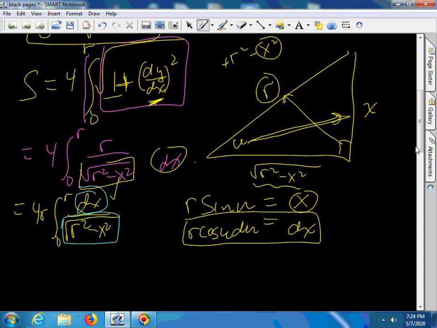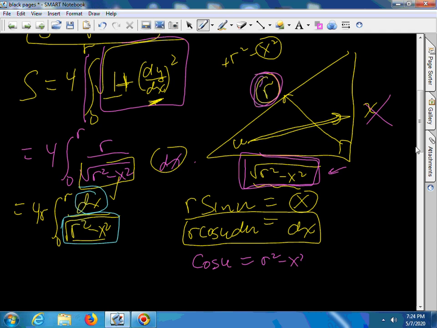So, I have dx. Now, I need to get something that talks about r squared minus x squared. And if I can get it as the square root right away, wonderful. Oh, look at this. It's right here. I would love to find a trig function that divides those two, no more x's. Well, it turns out that the cosine of u is the adjacent, which is what I want, divided by r.